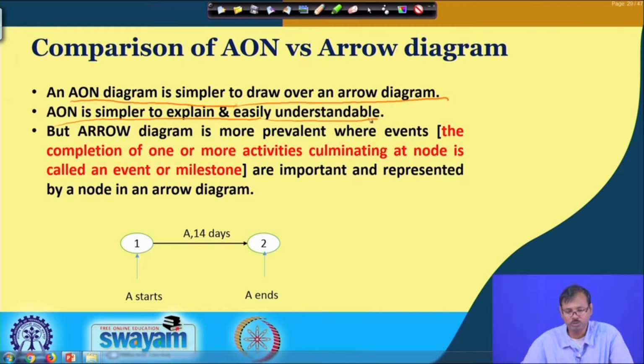It is very easy to explain their dependency, and it is very easy to understand. For the arrow diagram, because of the dummy job, it is a little bit difficult.